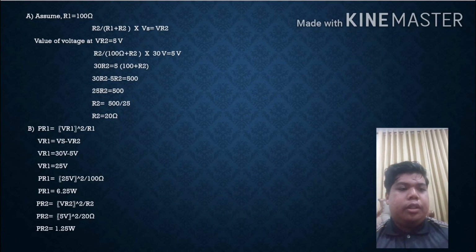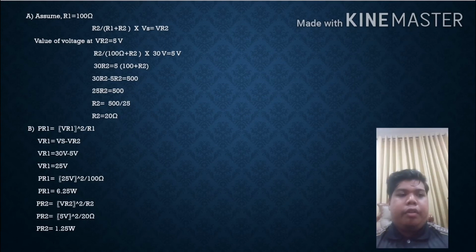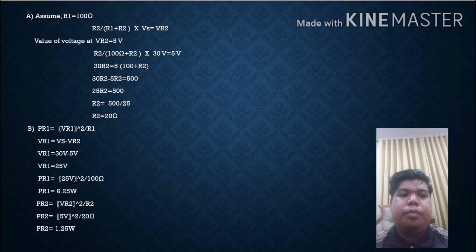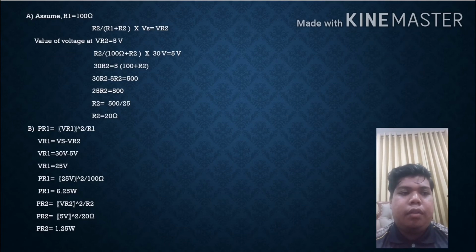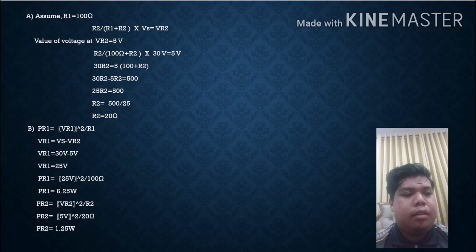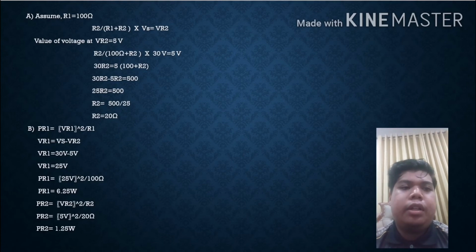Okay, the solution is, first, we assume R1 equal to 100 ohm. So we enter the value of R1 into the voltage divider rule.